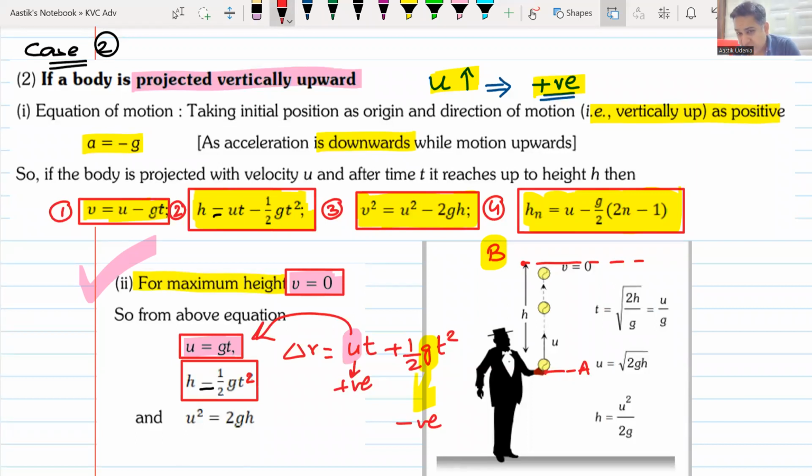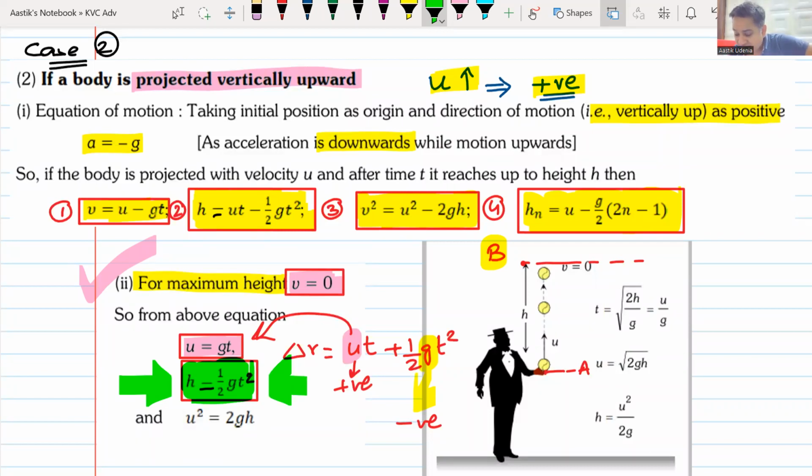If I put this value of u here, it will be gt square minus half gt square. In the end, you will end up with this equation, h is equal to half gt square. Do we understand this? This is one way of understanding this.